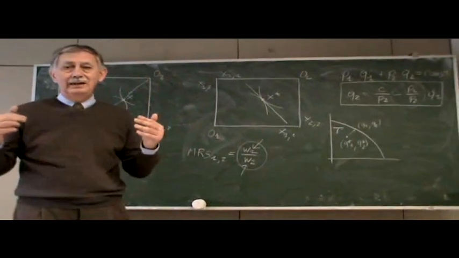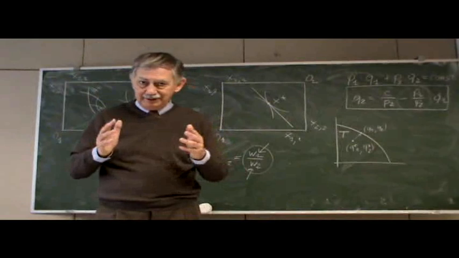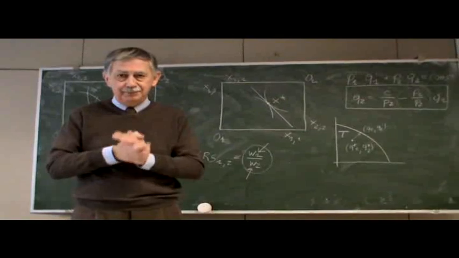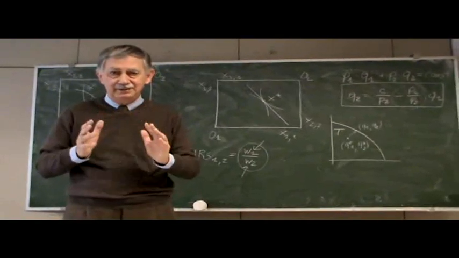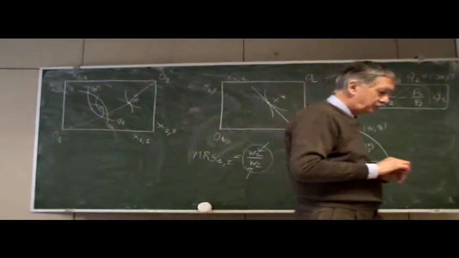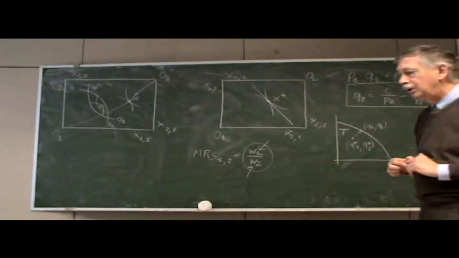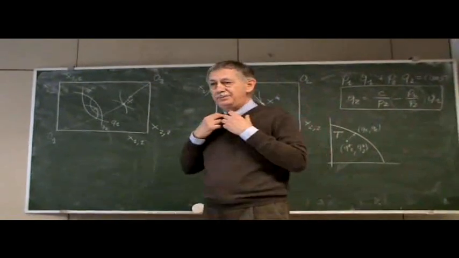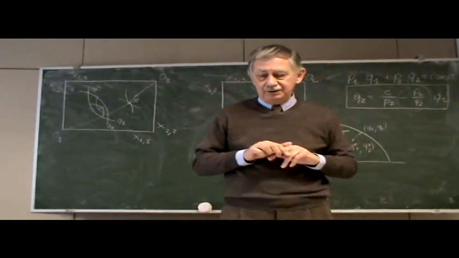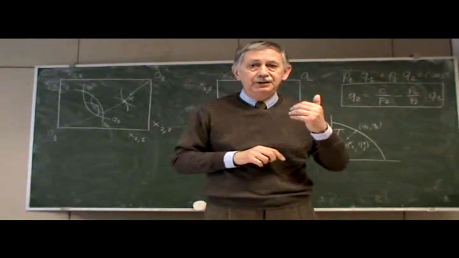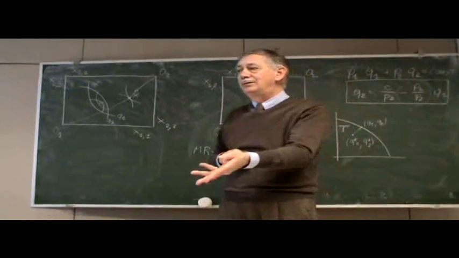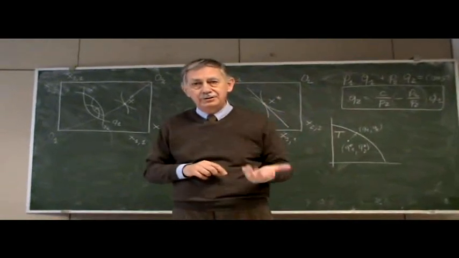It remains to analyze a very particular case, the case in which every production function presents constant returns to scale. You remember, constant returns to scale means that when you multiply all factors by the same positive constant, production increases in the same proportion. You redouble all the factors, also production redoubles.